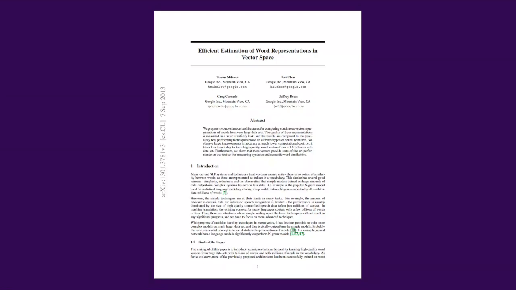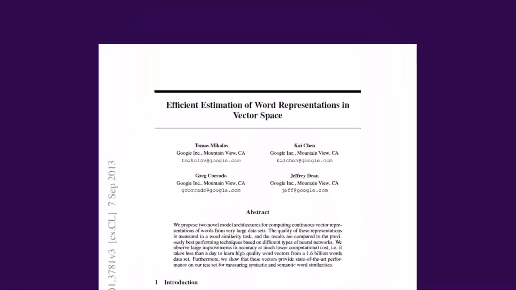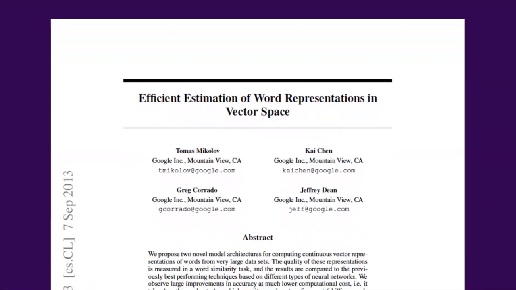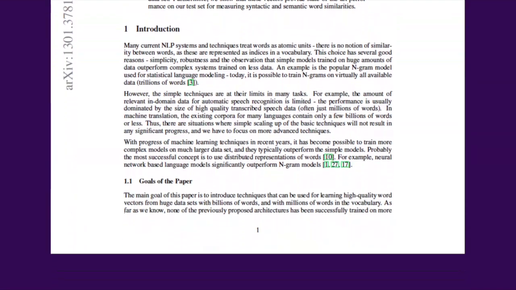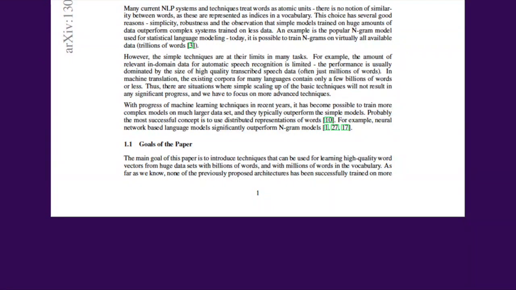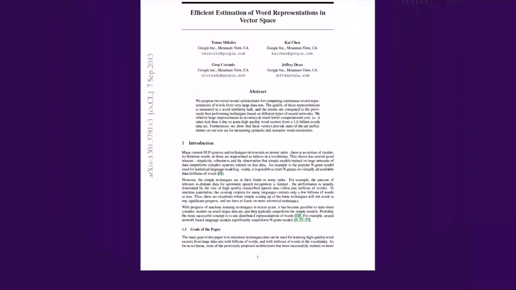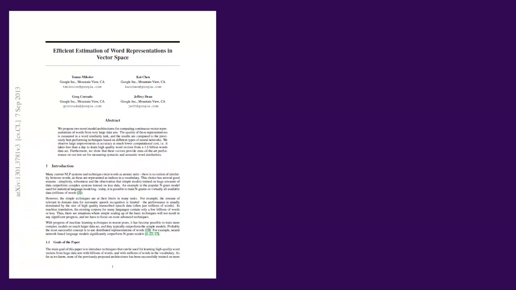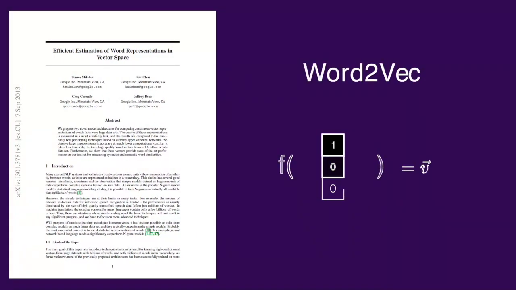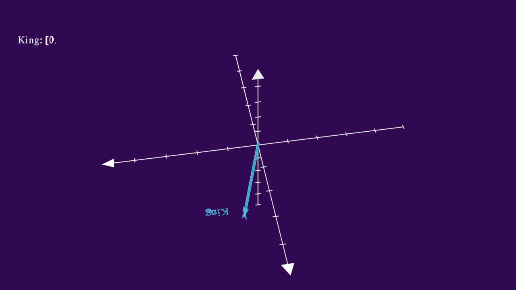This is where a groundbreaking paper introduced a game-changing solution called Word2Vec. It tackled both problems, reducing vector size and making vectors rich in semantic meaning. Word2Vec works by using the context of words to learn their relationships. It does this in 2 ways. CBOW, or continuous bag of words, predicts a word based on its surrounding words, and skipgram predicts surrounding words based on a given word.